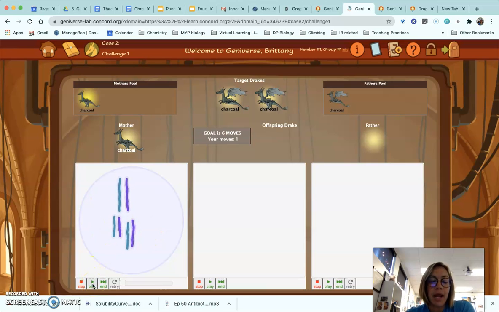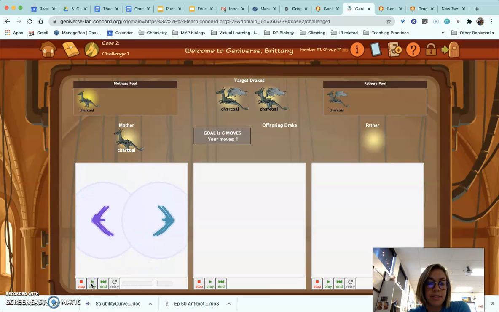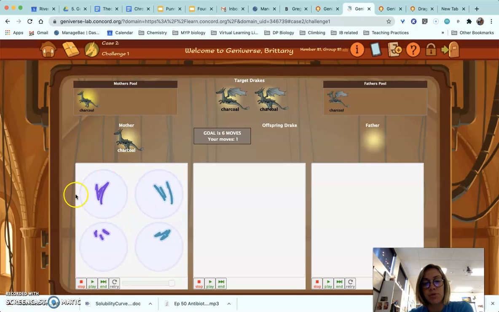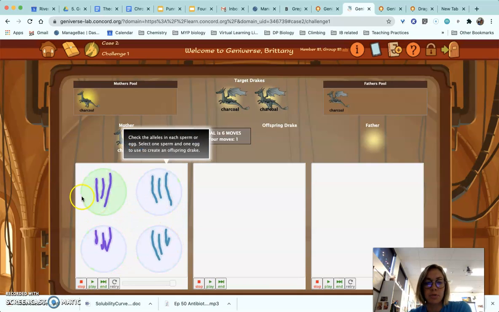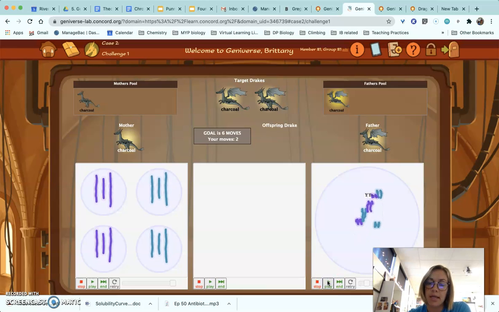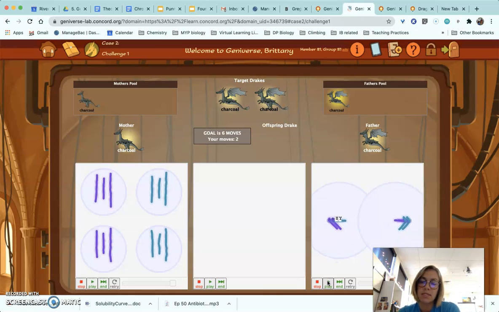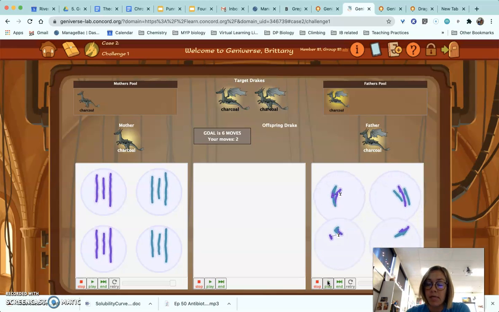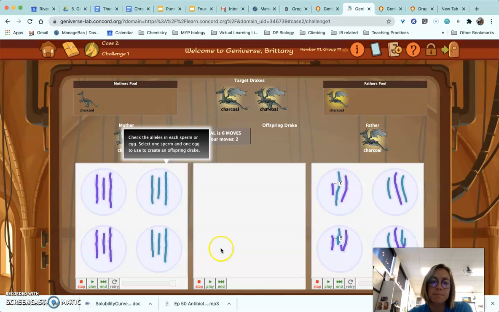And if we were to create 4 haploid sex cells for her, we would go through this crazy duplication process, and then we would go into 4 sex cells with half the number of chromosomes that she originally started with. Then if we were to get a father to do the same thing, he's going to go through and create 4 sperm. So he starts with 6 chromosomes in his cell. He's now going to have 3 in his 4 sperm cells.